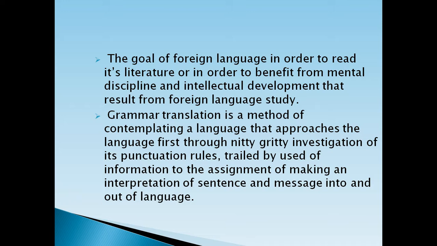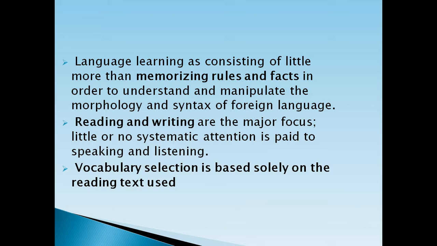Grammar translation is a method of teaching a language that approaches the language first through a detailed analysis of its grammar rules, followed by the application of this knowledge to the task of translating sentences and texts into and out of the target language. Language learning consists of little more than memorizing rules and facts in order to understand and manipulate the morphology and syntax of the foreign language.